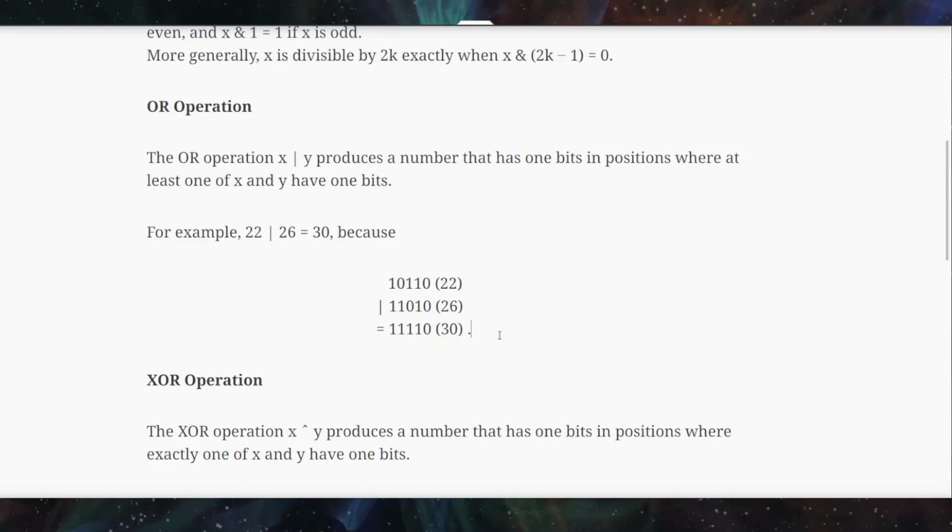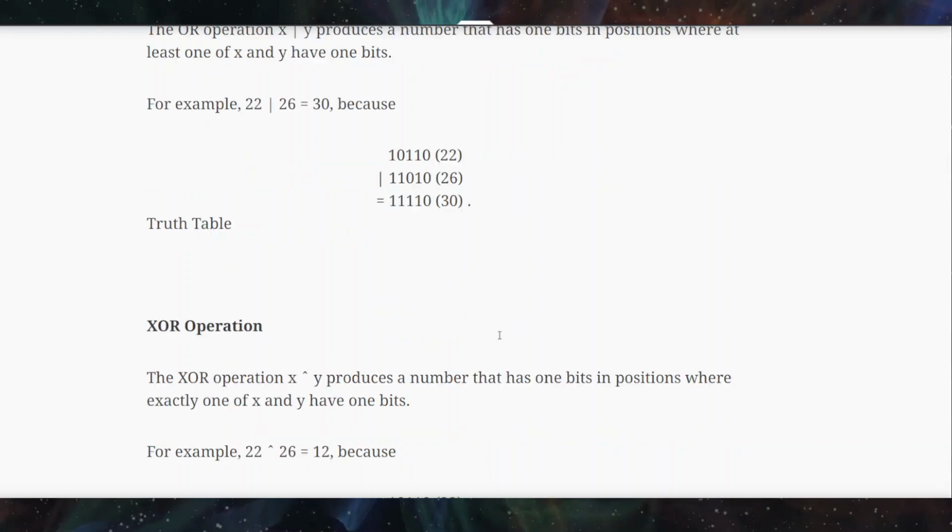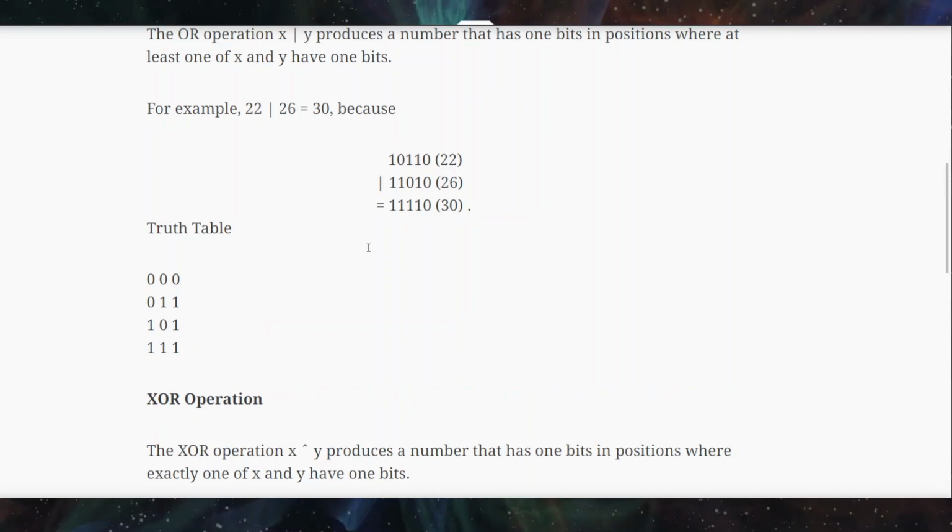If you remember the truth table for the OR operation, you can easily relate to this. The truth table is 0 0 gives 0, 0 1 gives 1, 1 0 gives 1, and 1 1 gives 1. For 0 0 the outcome is 0, for 1 1 the output is 1, and for 1 0 also the output is 1. Means if any one bit is 1, then it gives output 1. But for the AND operation, both bits must be 1 to give output 1.